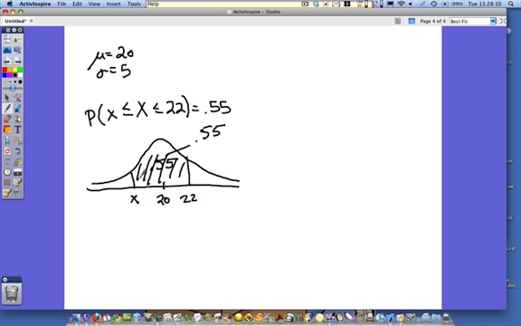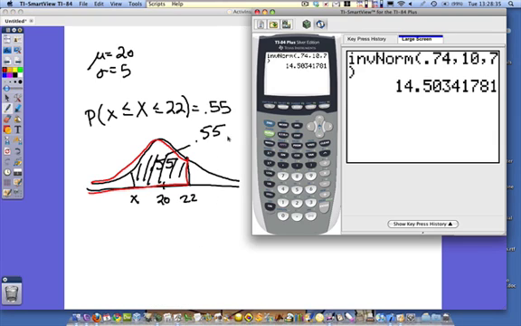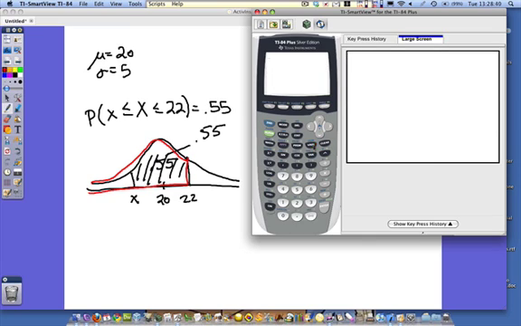What we need is this left tail area so we can put it into the inverse normal function. We can't do the inverse normal function without that area. So here's what we can do. We can find the area of this entire region, all the way up to 22.